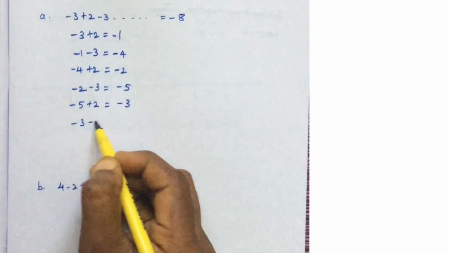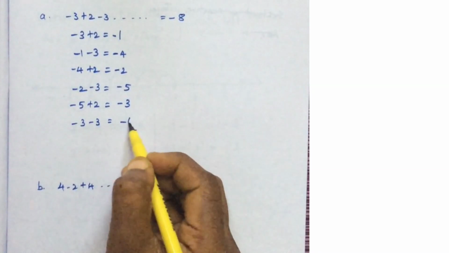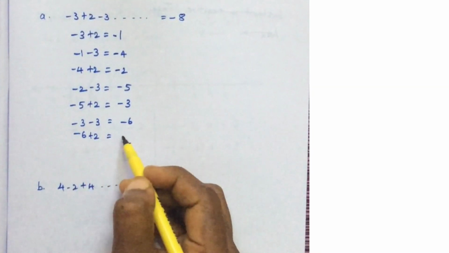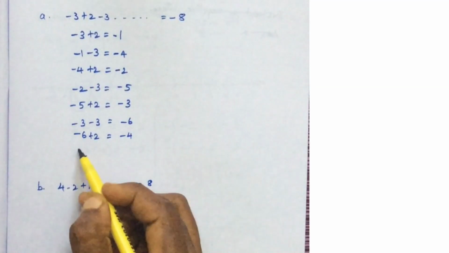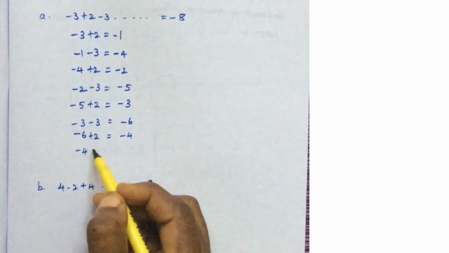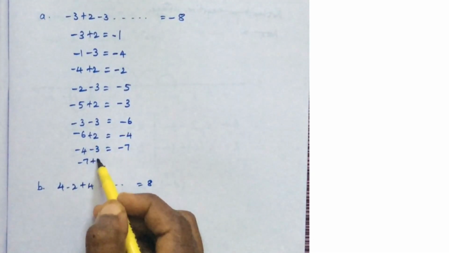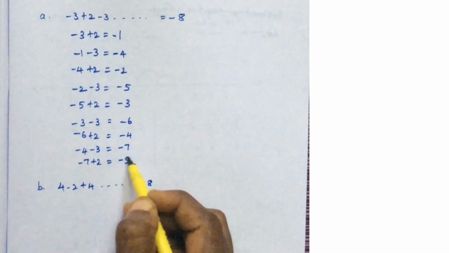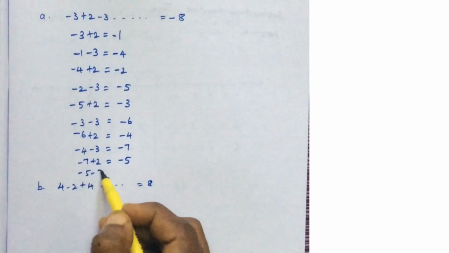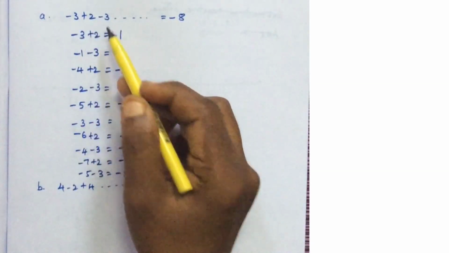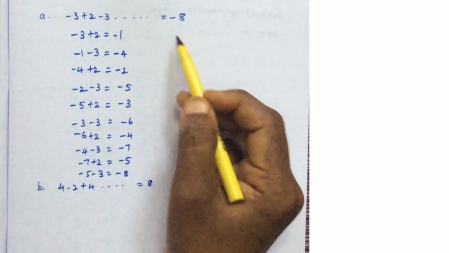Again minus 3, that is equal to minus 6. Minus 6 plus 2 is equal to minus 4. Minus 4 minus 3 equals minus 7. Minus 7 plus 2 is equal to minus 5. Minus 5 minus 3 equals minus 8. So you have to do minus 3 plus 2 repeatedly till you get minus 8.